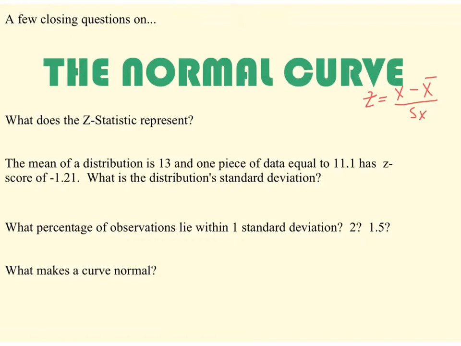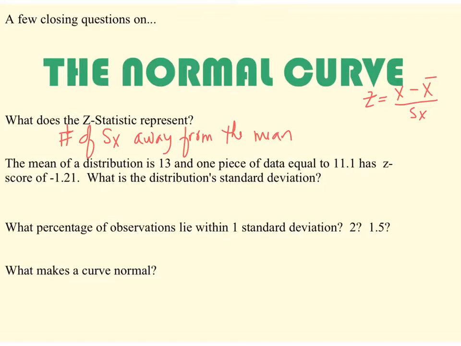What the Z statistic really represents is the number of standard deviations away from the mean something is. So it standardizes things to be in terms of deviations rather than just in terms of a score or a weight or something like that. It's how many deviations away from the mean something is.